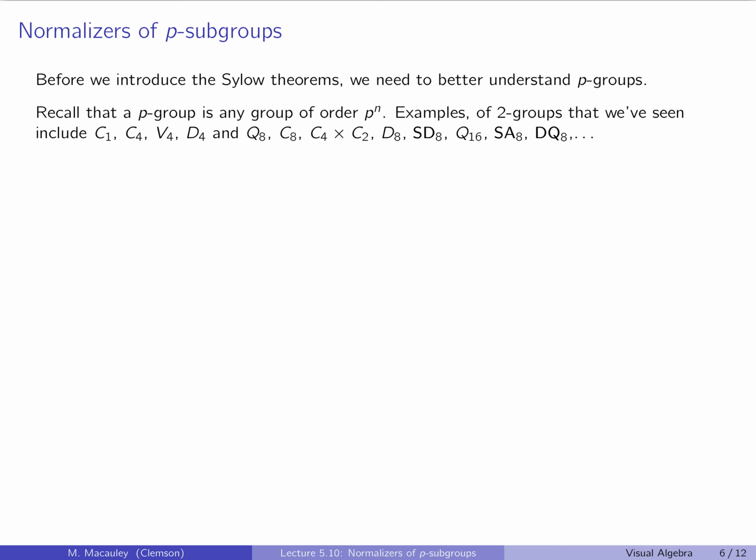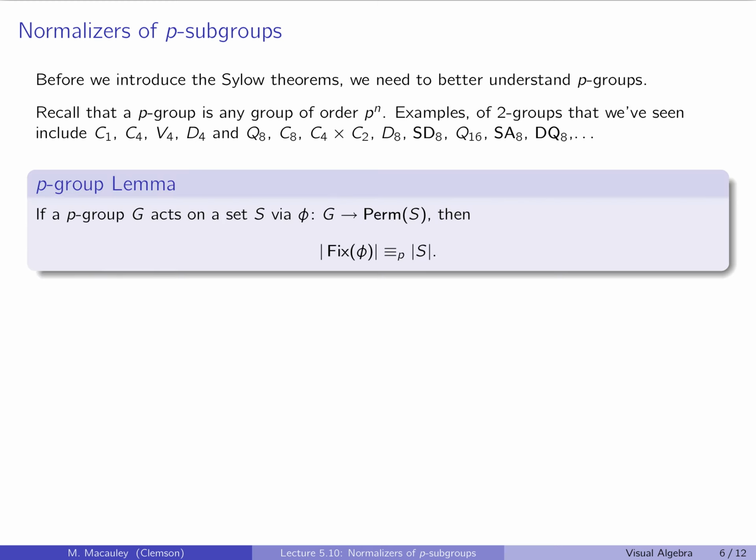So we've seen a whole bunch of 2-groups, for example. Any group of order 4, 8, 16, etc., even the trivial group, all of these things are 2-groups. Let's start with something that I call the p-group lemma, for lack of a better name.